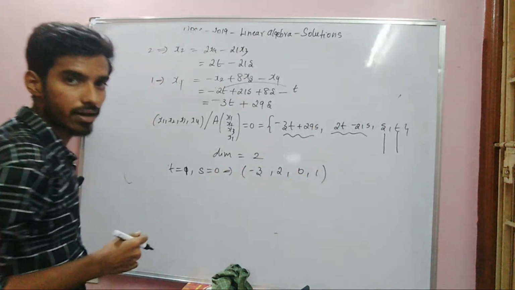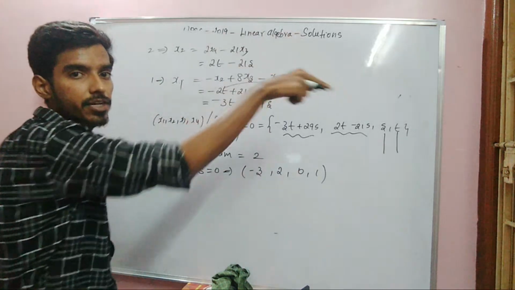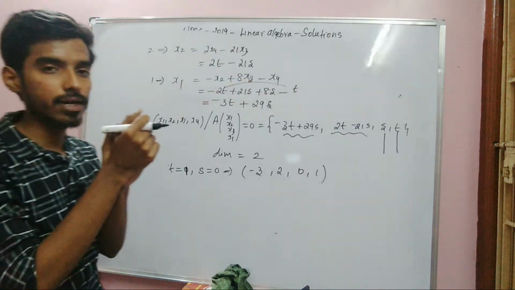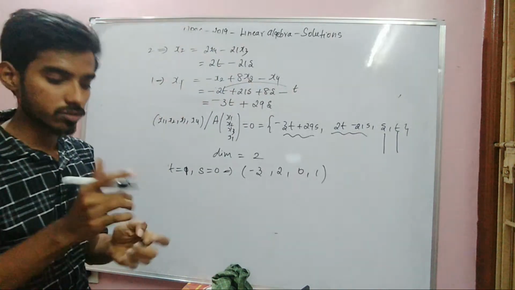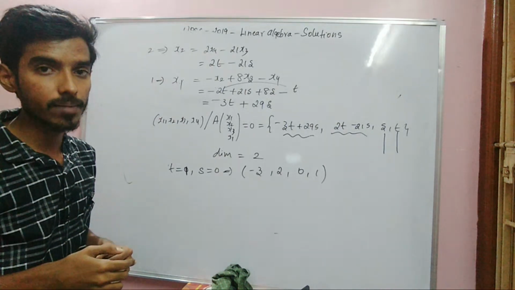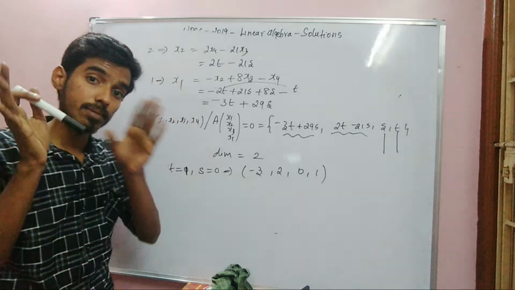So we will get this vector. This vector is also mapping to 0. That's what this means, right? So we are finding all the vectors that are mapped to 0. Since this is non-zero, we have shown that a non-trivial solution exists. That means the 0 vector is not the only one that is mapped to 0. There are some other vectors.